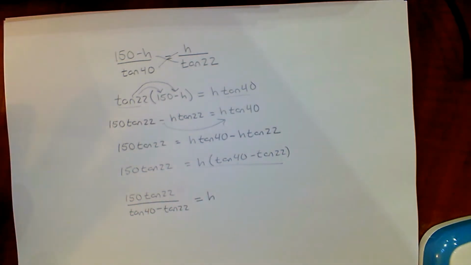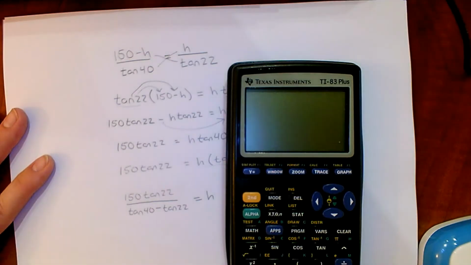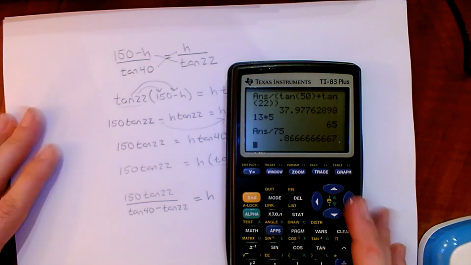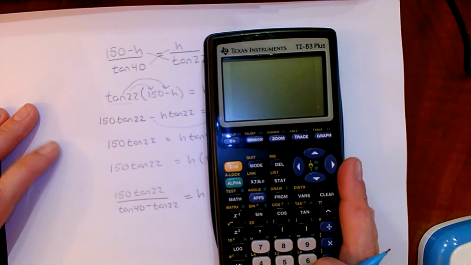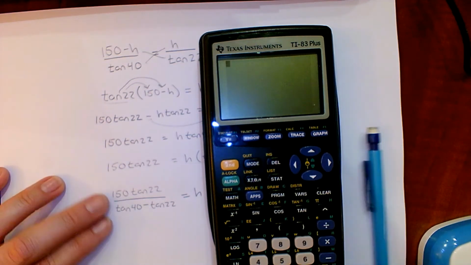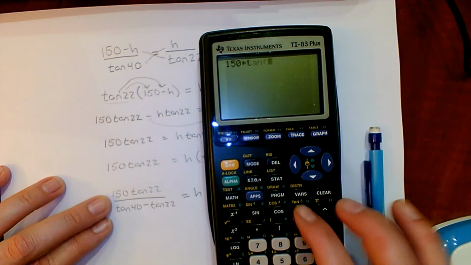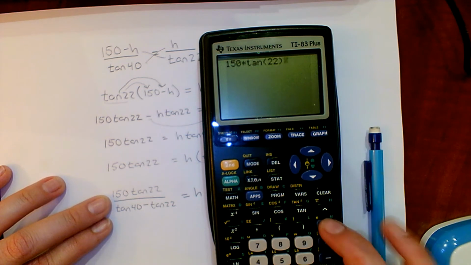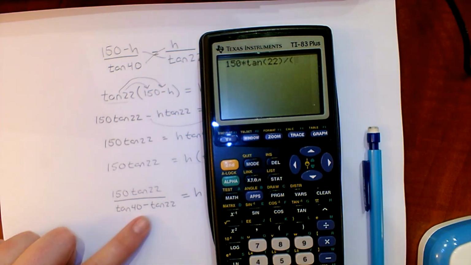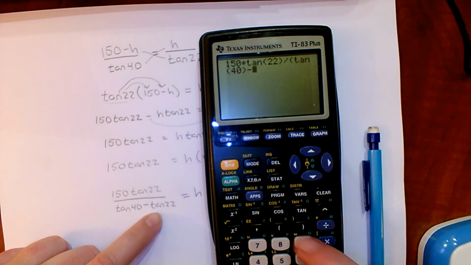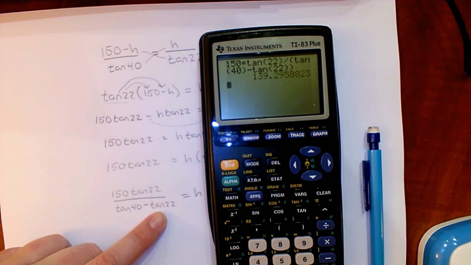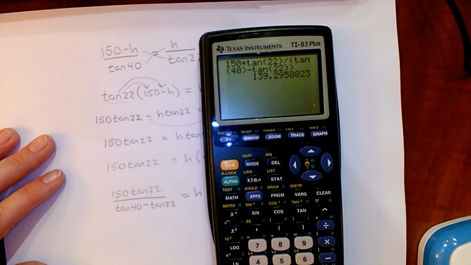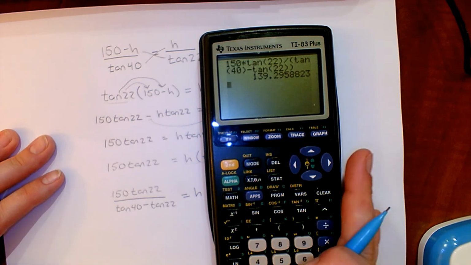At this point, I'm going to grab my calculator and type this in correctly. So 150 times tangent 22 divided by, we want to put this in parentheses because it's subtraction, tangent 40 minus tangent 22, and that gives us 139.3.